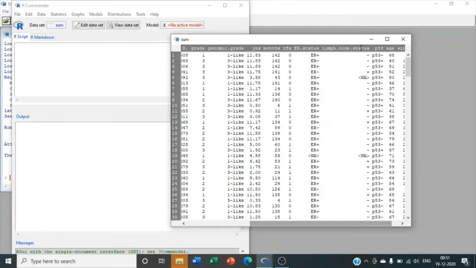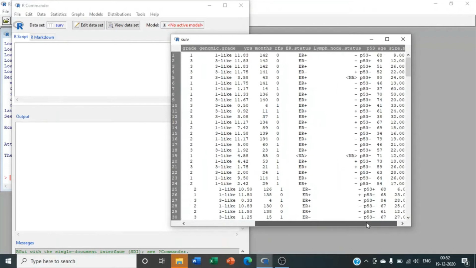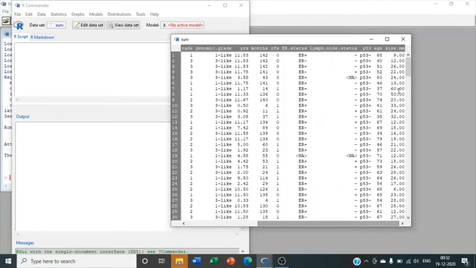Lymph node status over here has a categorical dichotomous nature, negative and positive. P53 is categorical dichotomous. P53 minus meaning P53 wild type, P53 plus means P53 mutant. Age in years is continuous, and size in millimeters is a continuous data.